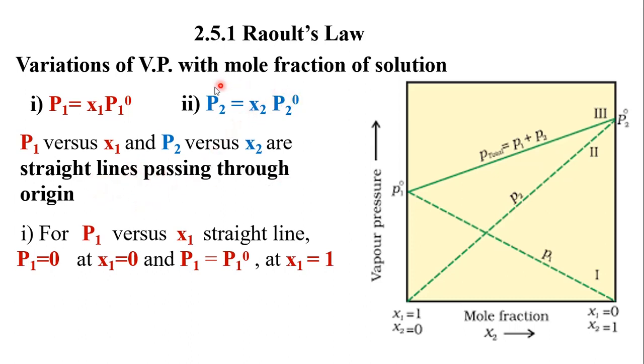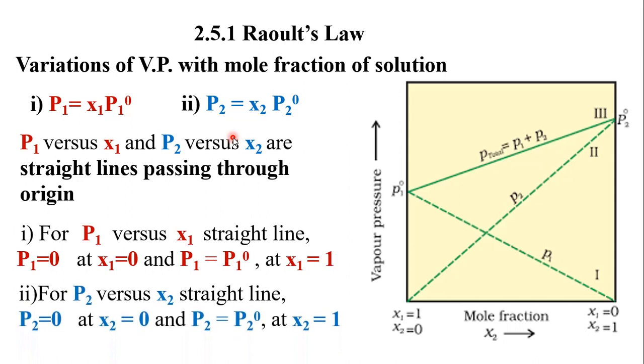In the same way, we see here the graphical representation for P2. Now here see the graph of x2 versus P2. Here x2 is equal to 0, that is the mole fraction of the second component, A2, is equal to 0.